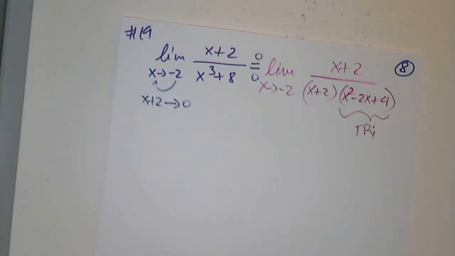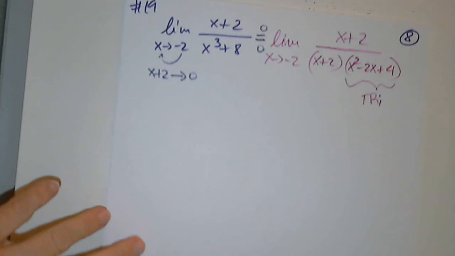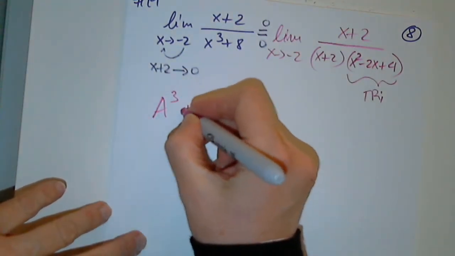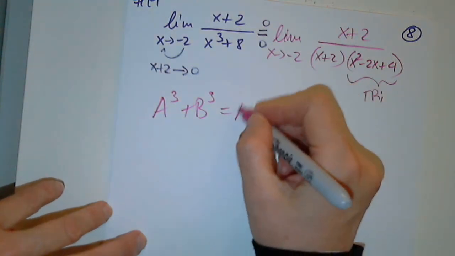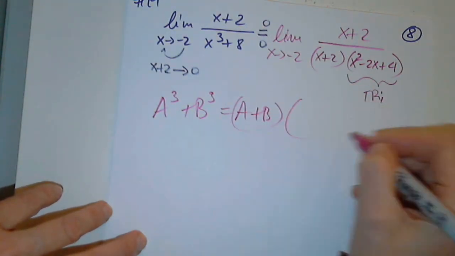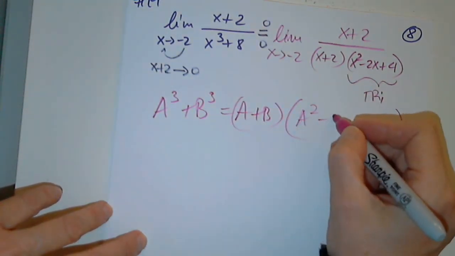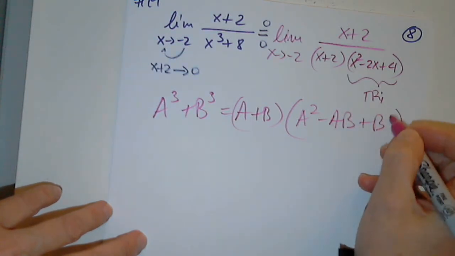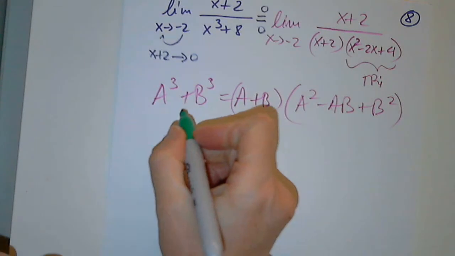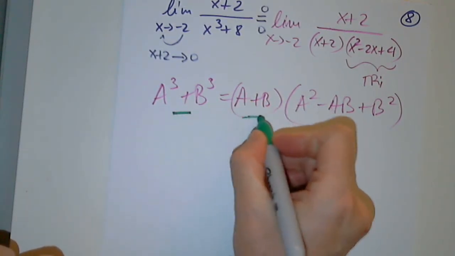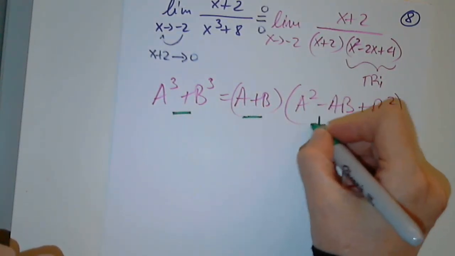Yes. So let me refresh your memory on the formula. So a cubed plus b cubed. Please remember it. Write it in your notebook. It's a plus b, a squared minus ab plus b squared. And if we do factor the difference of cubes, the binomial gets the difference and the trinomial gets the sum.